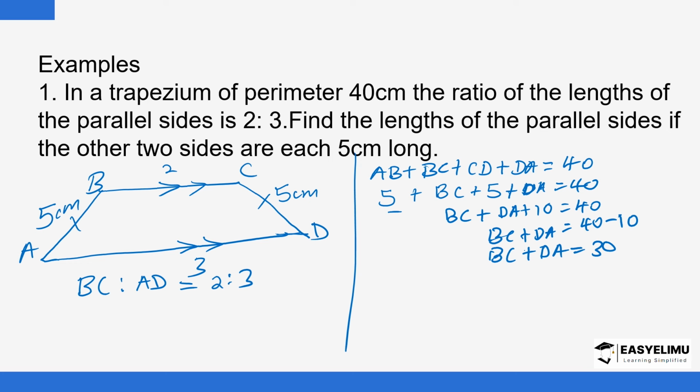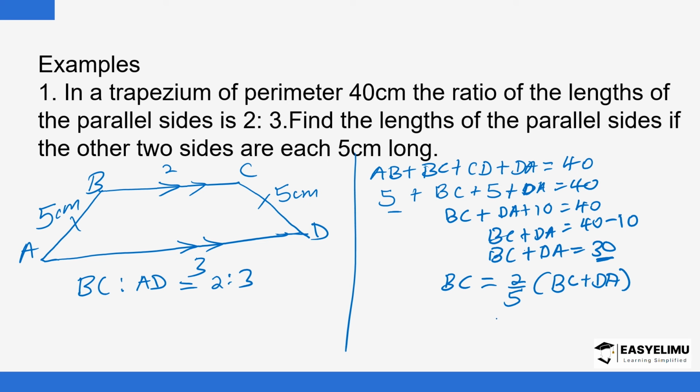From there you'll be able to find BC. If you take this length BC and add it to this, the total is 30. So BC is going to be 2 over 5 of the sum of BC plus DA.